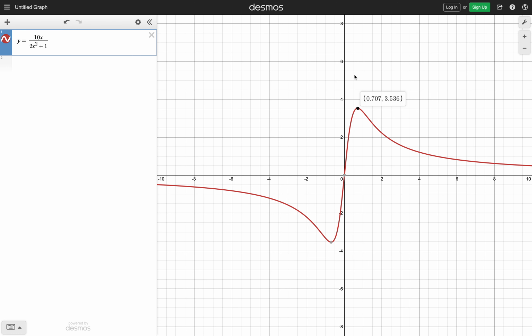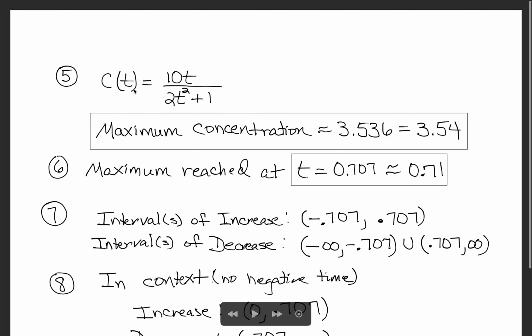So 3.536 is going to be the maximum concentration, and that 0.707 is going to be the amount of time. So again, for the maximum concentration, you have right at 3.54, and the time at which the maximum is going to be reached is right at 0.707.